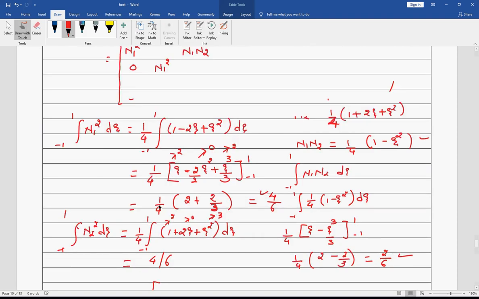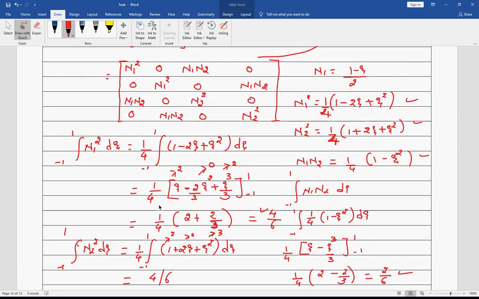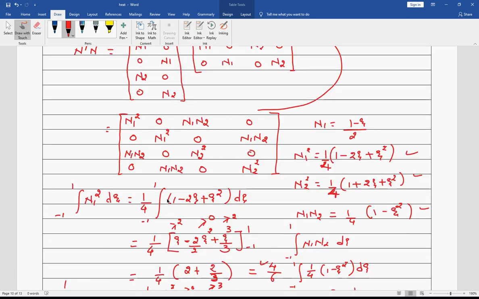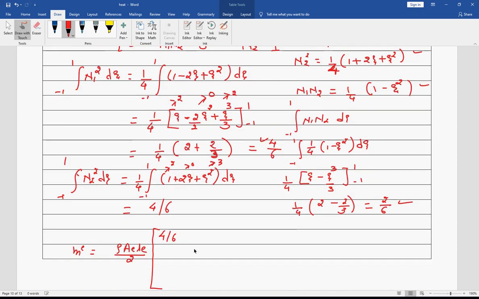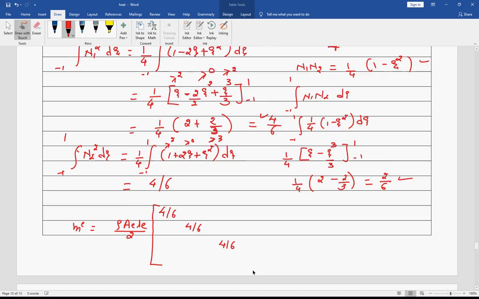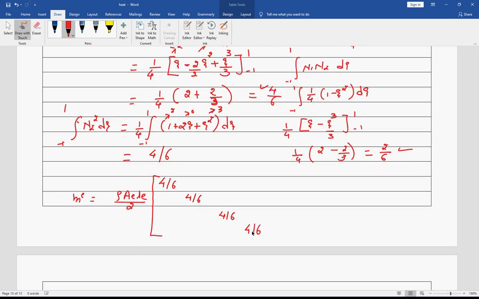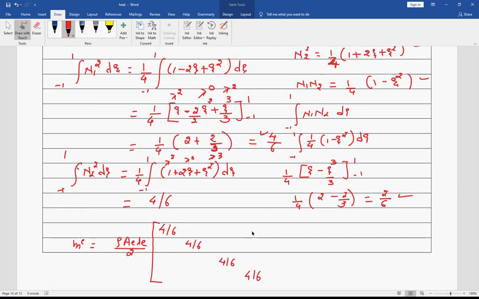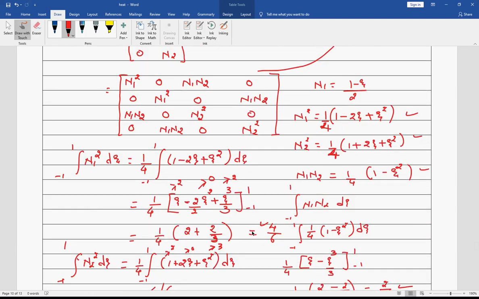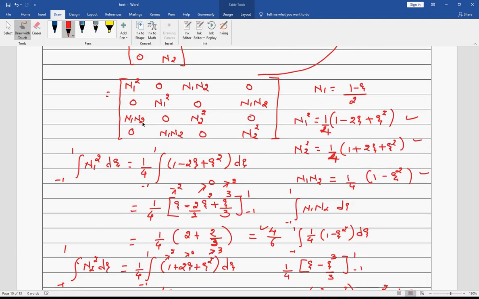Okay, so first is N1 square, which leads to 4 by 6. So this is also 4 by 6, and this is also 4 by 6, and this is also 4 by 6. Okay, so diagonally 4 by 6. Now I have N1 N2 here and here.